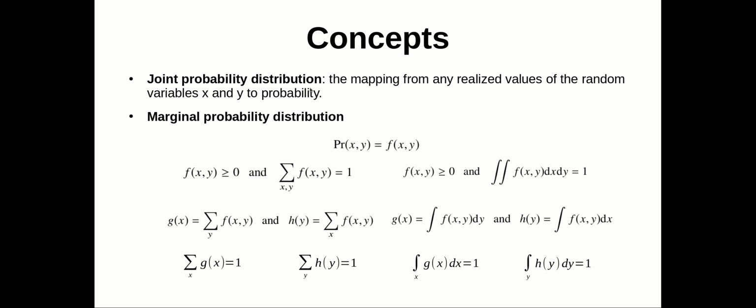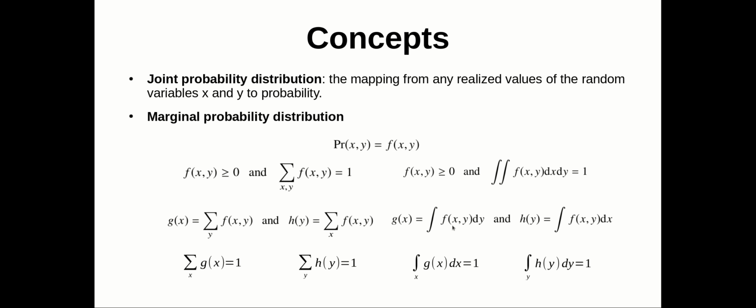And then we have to consider something that we call the marginal distribution. Because we have two random variables, x and y, if we just do a summation over y, without doing a summation over x, then the result of the summation over y is going to be a function of x.